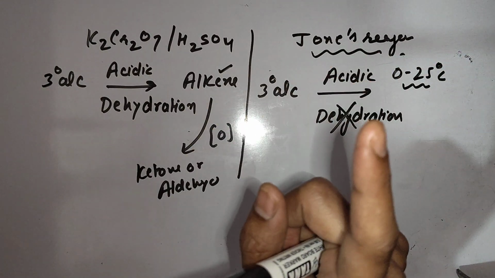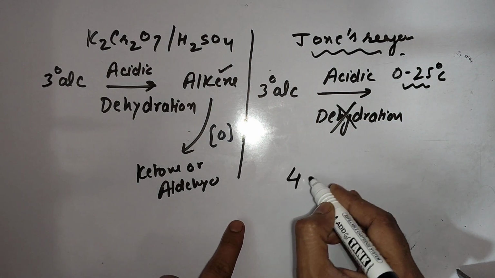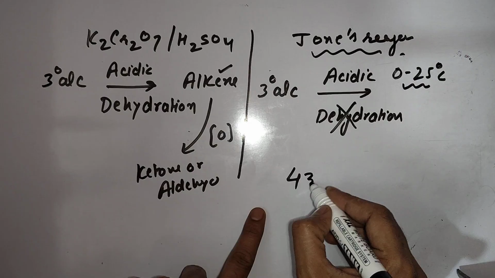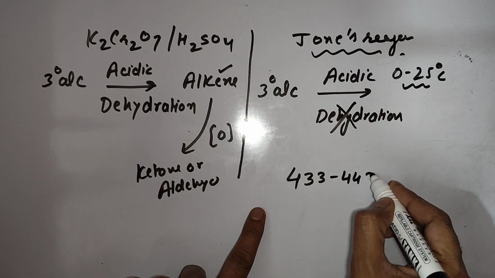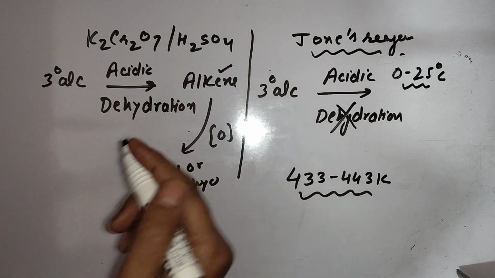Because we know for dehydration of alcohol to alkene, what temperature is required? 433 to 443 Kelvin temperature range is required, which will be available here on heating.